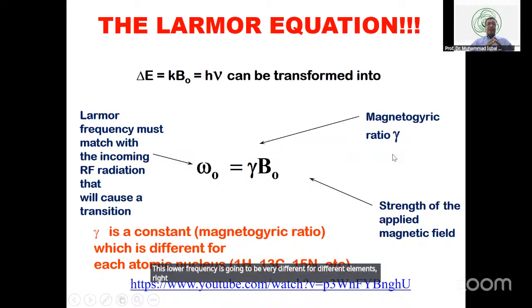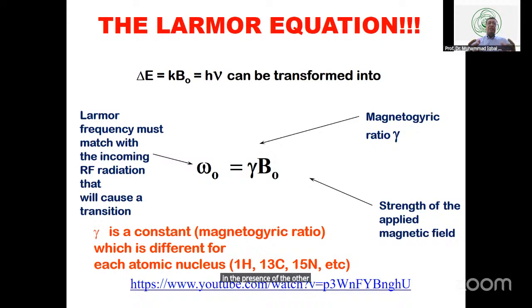That's it. And this is the reason that you can selectively detect one element in the presence of the other element. Selectivity is so high that if you have a molecule with 4 different elements, for example carbon, hydrogen, oxygen, and nitrogen, which are very common in organic chemistry, then you would be able to record NMR spectra of all 4 of them separately.